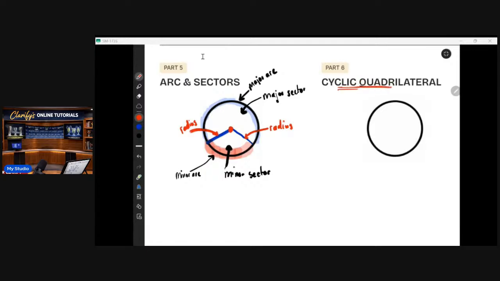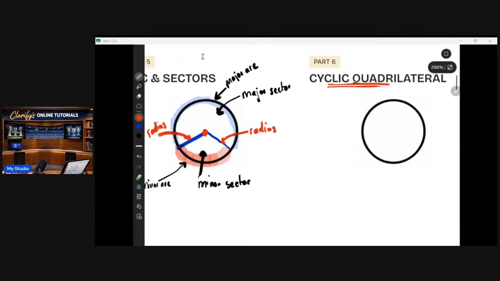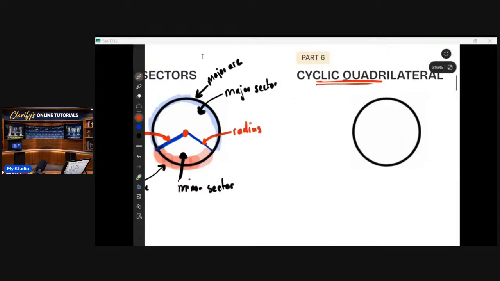Two more parts. Part number 6 is the cyclic quadrilateral. Cyclic quadrilateral is a shape with 4 sides, and listen closely. All 4 sides must be on the circumference. Look at this side. Side 1. Where is it? It's at the circumference. Side number 2. Where is it? It's at the circumference.